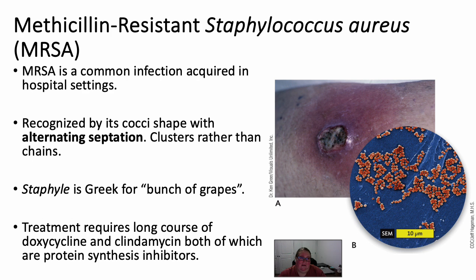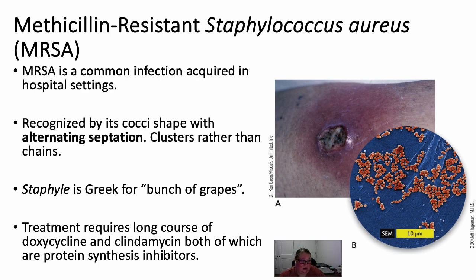In fact, we have MRSA, which is methicillin-resistant Staphylococcus aureus. This is a strain of Staphylococcus aureus that is resistant to antibiotics, specifically methicillin-based ones. This is an infection that is acquired at the hospital, and it's very hard to treat because it's resistant to most antibiotics that will treat similar strains of Staphylococcus aureus.